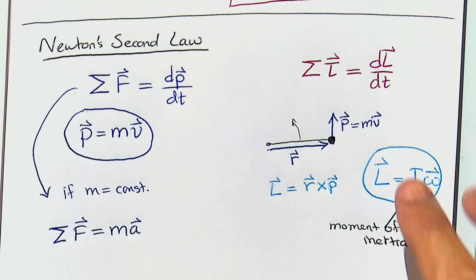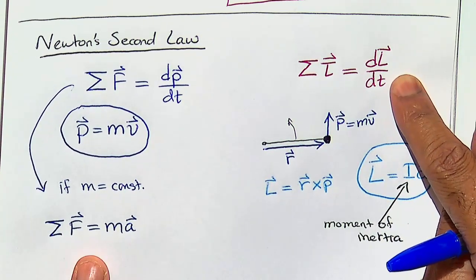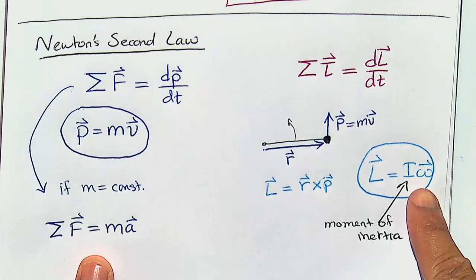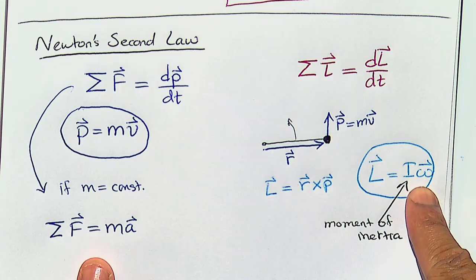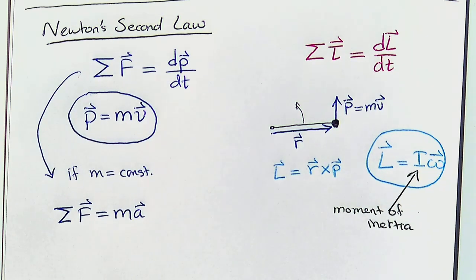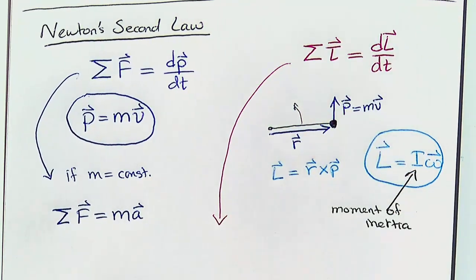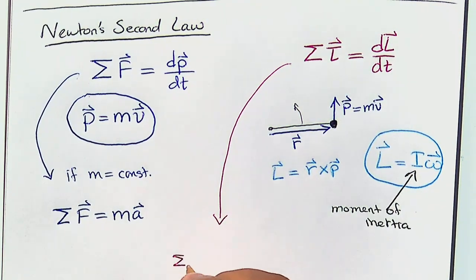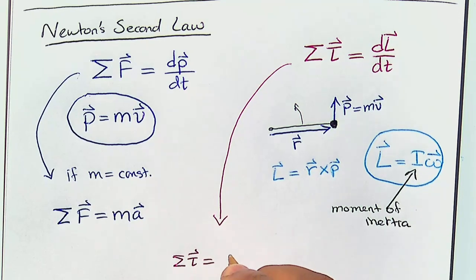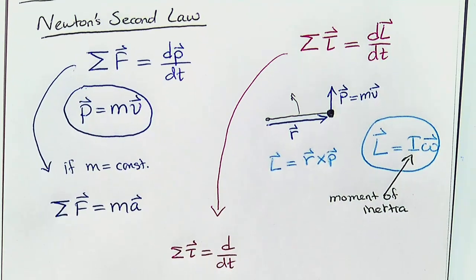Now, looking at the rotational one, that's the general one. You might ask, what's the F equals ma equivalent, assuming that the moment of inertia doesn't change? In the case of rotation, it's not the mass that matters, but the moment of inertia. We can play the same game as before. We take this, and we say, what is that? Well, the sum of the torques has to equal the derivative of this thing called angular momentum.